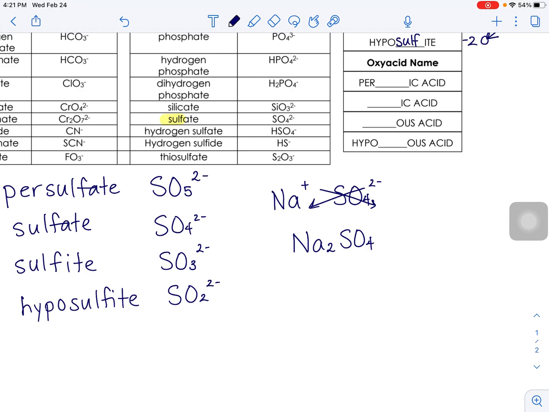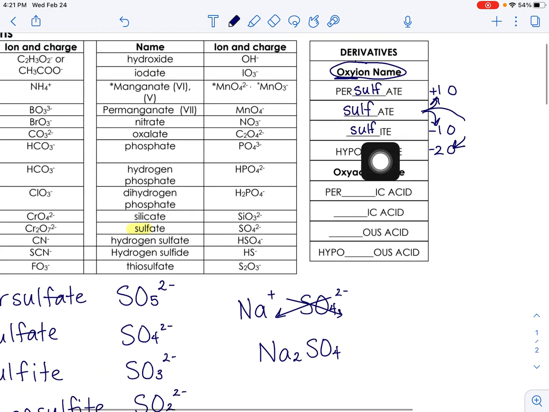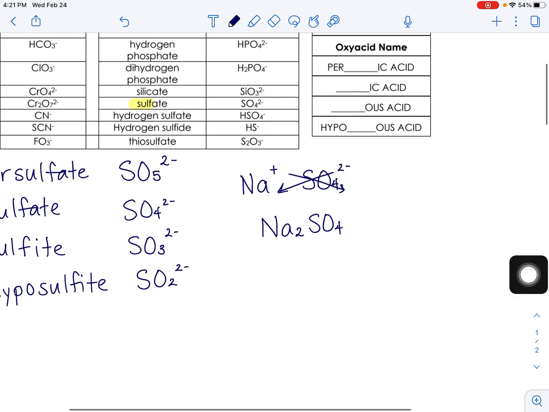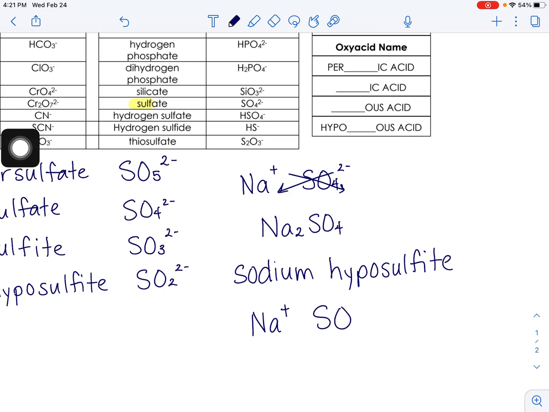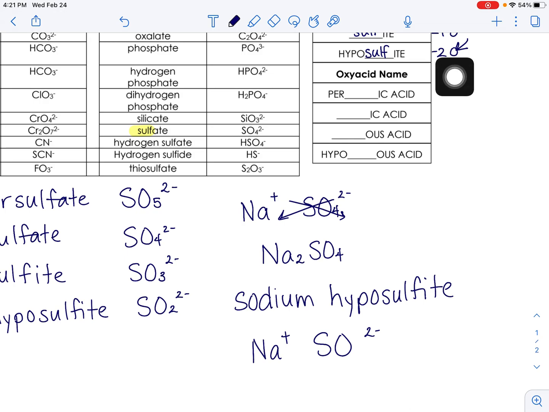So if I had sodium hyposulfite, then what I would need to do is, as I come to here, I know that hyposulfite is 2 less oxygens than the sulfate that is given to me over here. So if I am asked for sodium hyposulfite, sodium is Na plus, sulfate is SO4, 2 minus, and then the hyposulfite is 2 less oxygens.